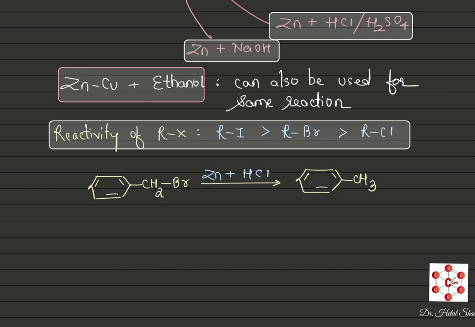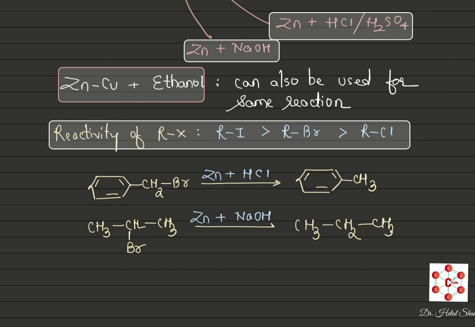You can even take a simple CH3, CHBr, and CH3. And if you use a simple Zn plus NaOH system, it could probably give you once again the same thing: CH3, CH2, CH3.